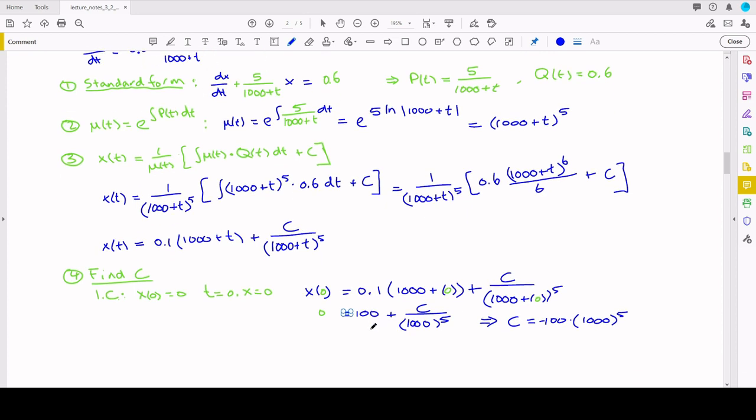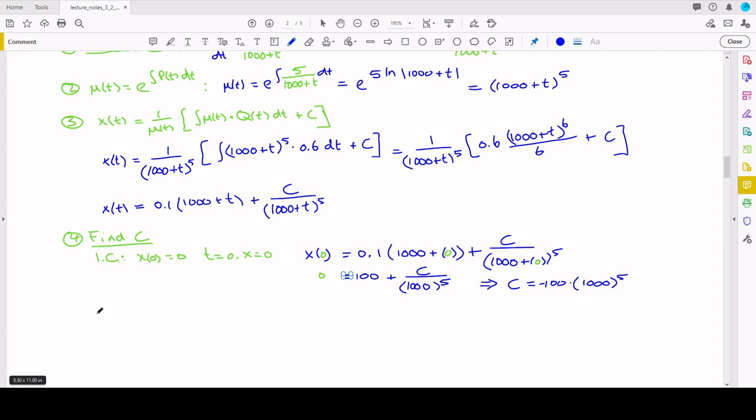So that's our c, and our solution, x of t, that's the amount of salt in the tank, is 0.1 times 1,000 plus t plus c, and that's a negative, so we actually have to make this a negative.